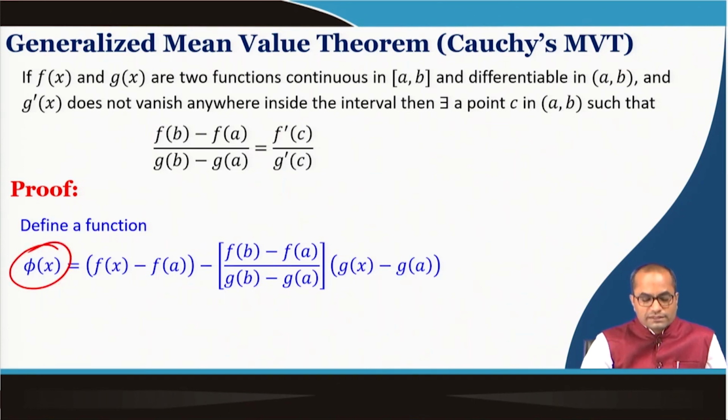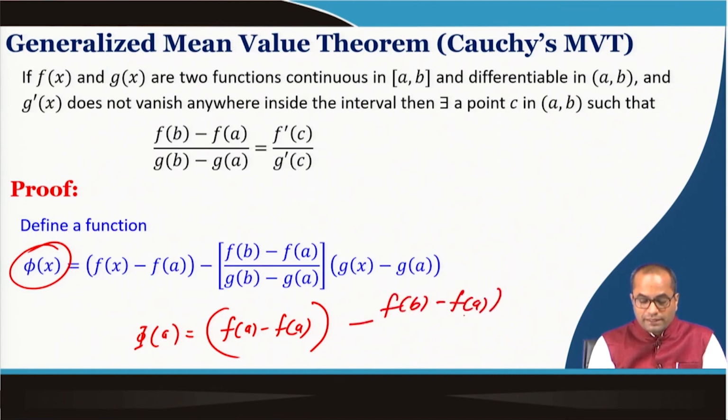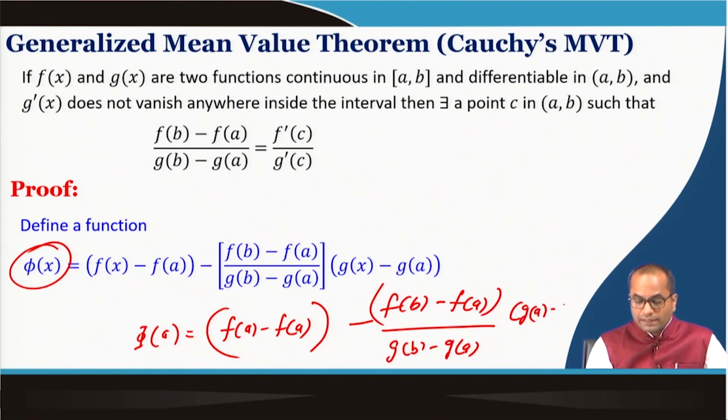Only we need to check phi a and phi b, which one can also check in this case. For phi a, you have f a minus f a, which is 0, and minus f b minus f a divided by g b minus g a, times g a minus g a, which is also 0. So, everything is 0, and phi a is 0.